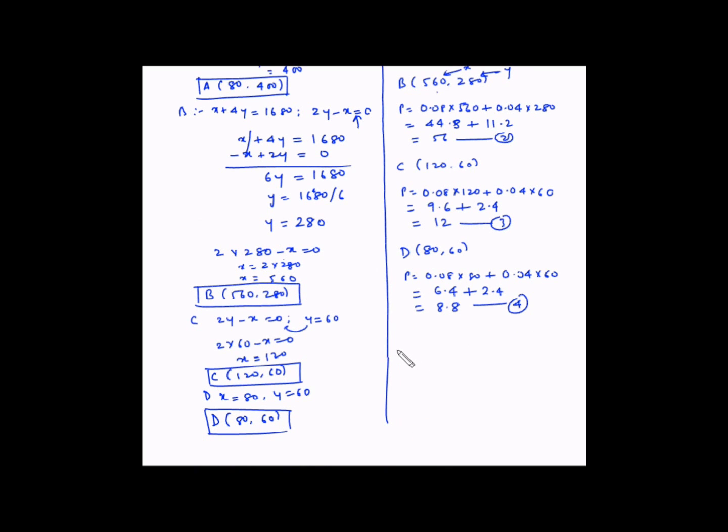So the solution is to carry 560 burgers and 280 lime juice. This is the optimal solution.